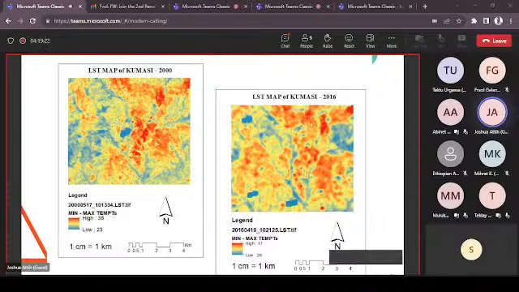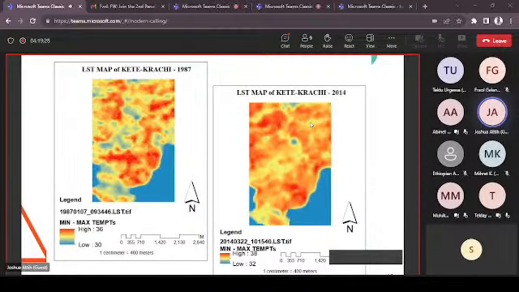The temperature changes do not really vary that much. And so we went to Ketekrachi and we saw the same thing happening: 1987 appears to be warmer in critical places compared to 2014, which was more dense or urbanized.